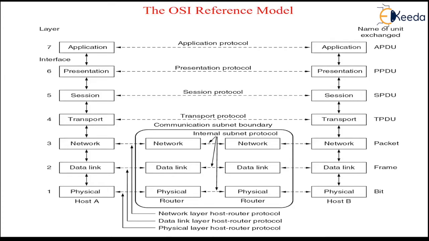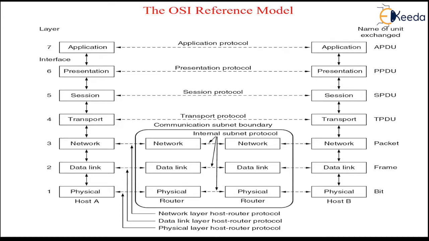The transport layer header must therefore include a type of address called a service point address, that is the port address. The network layer gets each packet to the correct computer. The transport layer gets the entire message to the correct process on the computer.